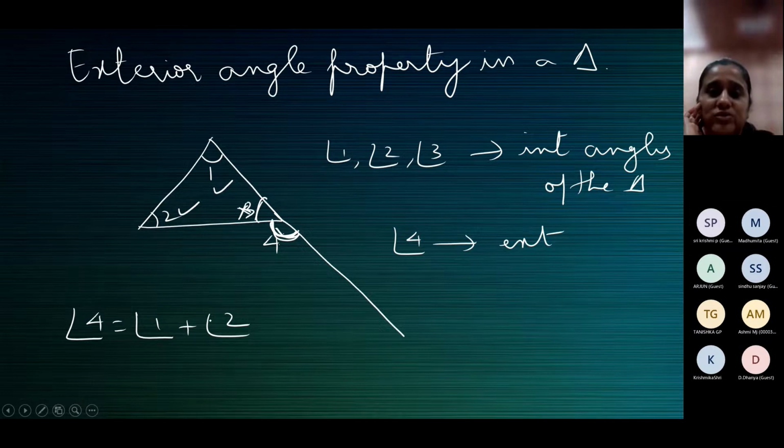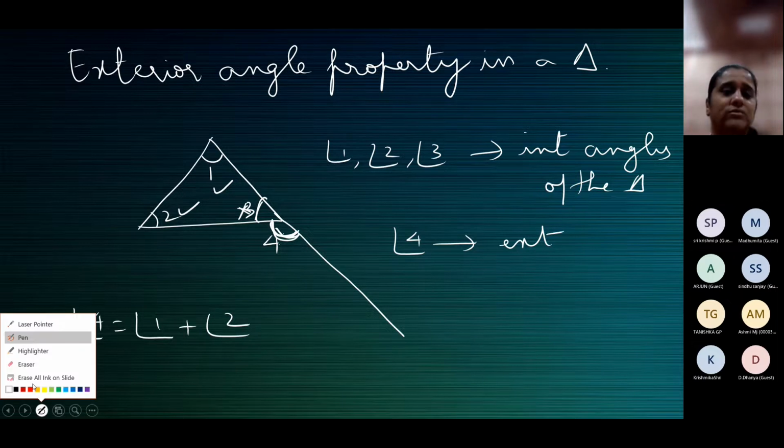So here in this figure, I've produced one side and the exterior angle 4 is formed. Now this exterior angle 4 is equal to, leave the interior angle next to it, angle 3. The remaining two, 1 plus 2. Angle 4 is equal to angle 1 plus angle 2. This is the property.